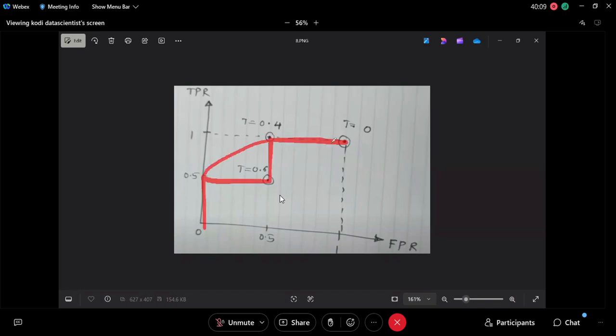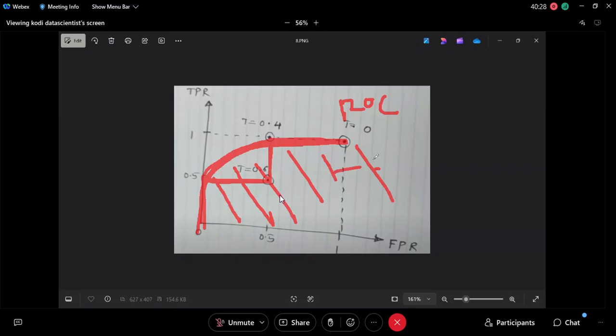Did you see I got one line or not? Guys, do you understand? This line is called ROC, receiver operating characteristic. The area below the line is called AUC. Do you understand?